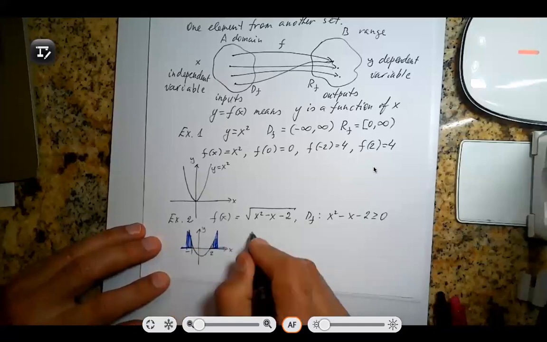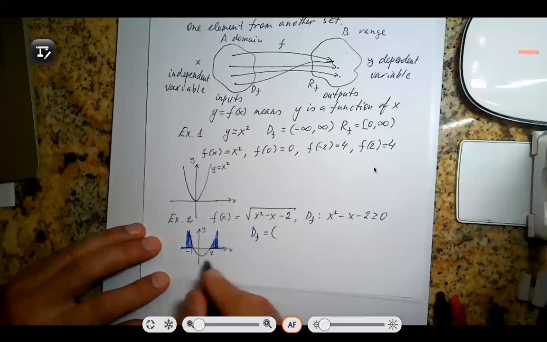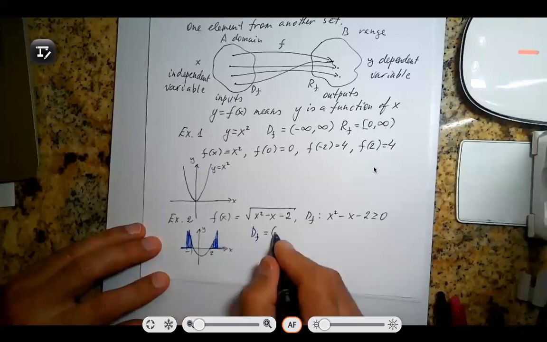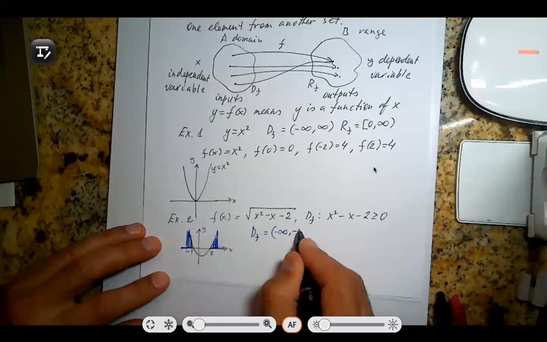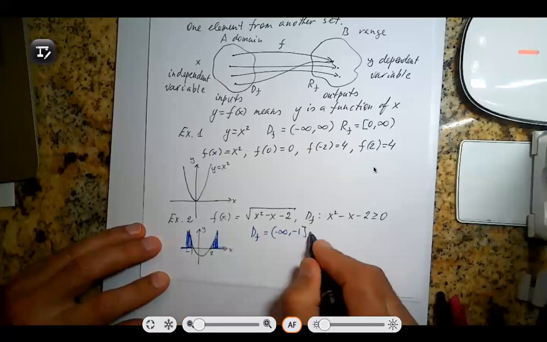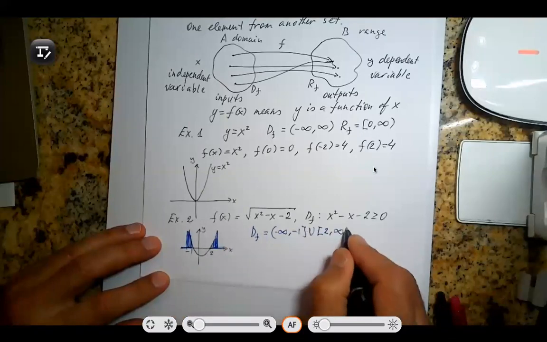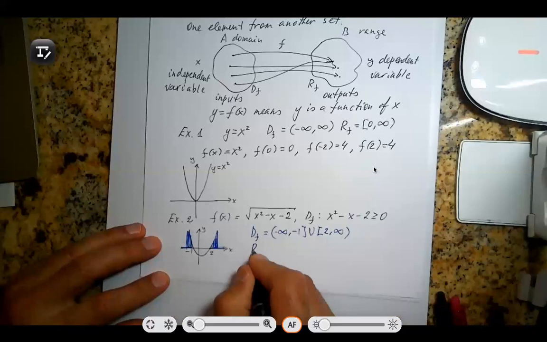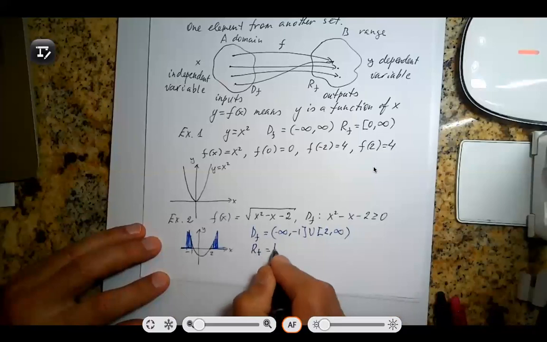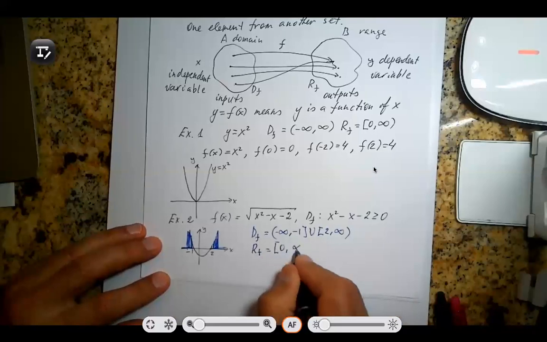So the domain of this function is from negative infinity to negative 1, bracket, union, bracket, 2 comma infinity. Of course, the range will be non-negative real numbers.